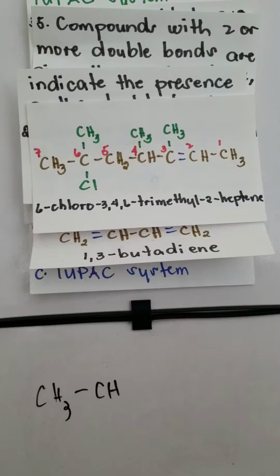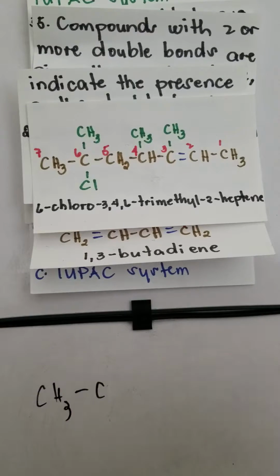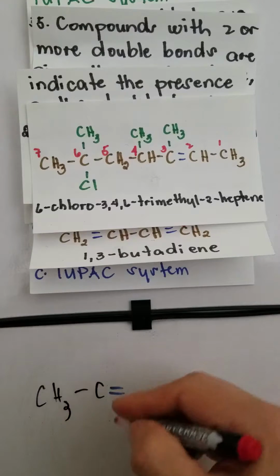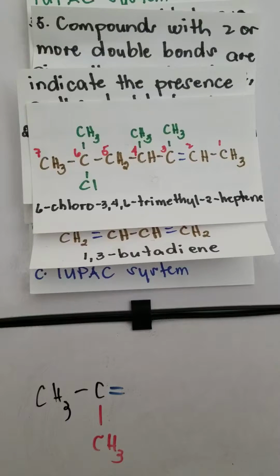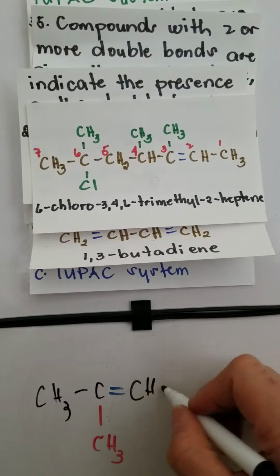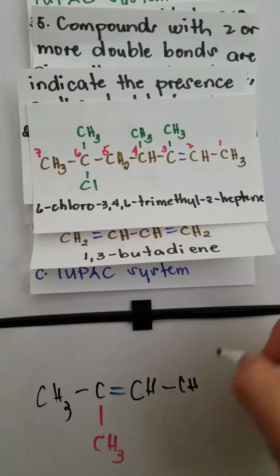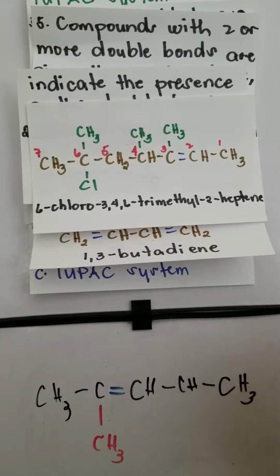I have the double bond here, so that is 3, and I have a branch here, CH3, then continue 1, 2, 3, 4, then CH, 1, 2, 3, 4, and then the CH3 there.